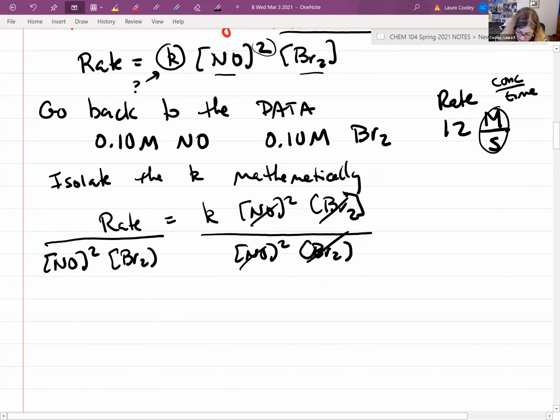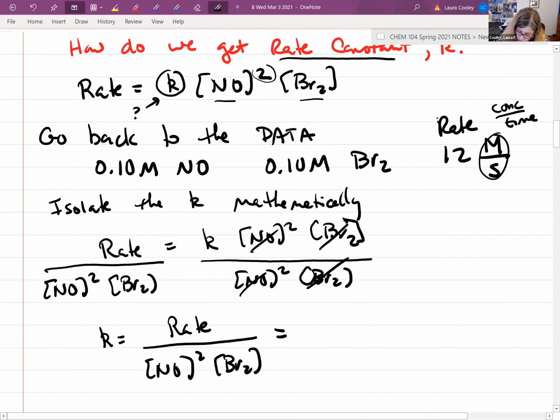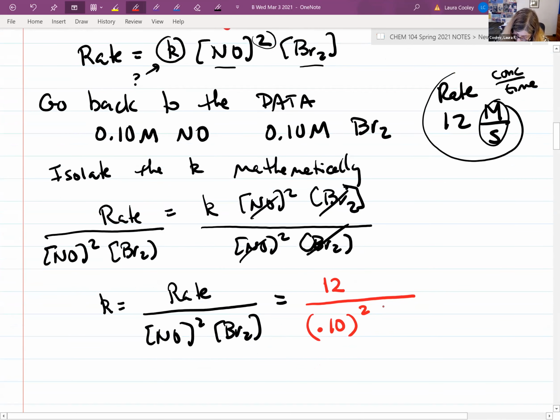But anyway, now that I know that k is the rate over these concentrations, I just plug them in, right? The rate is 12, plug that in on top. NO is 0.10 squared. Br2 is 0.10.